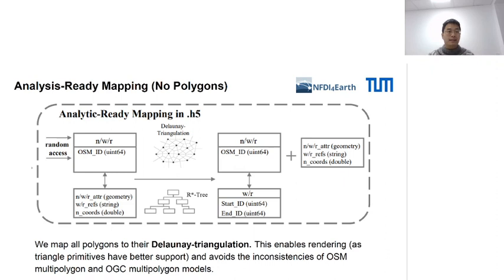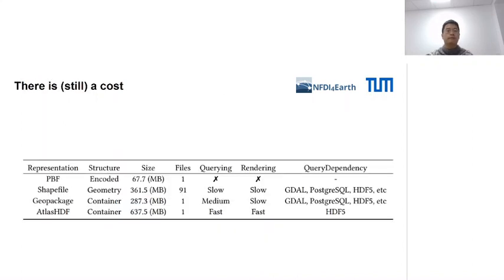And at the second step, we design an analysis-ready mapping for the OSM data, where we mapped all the polygons to their Delaunay triangulation format. This triangulation could enable fast and better rendering because these triangles have better support in all these rendering machines. Second, it could also avoid the inconsistency of the OSM multi-polygons and the OGC multi-polygon formats.